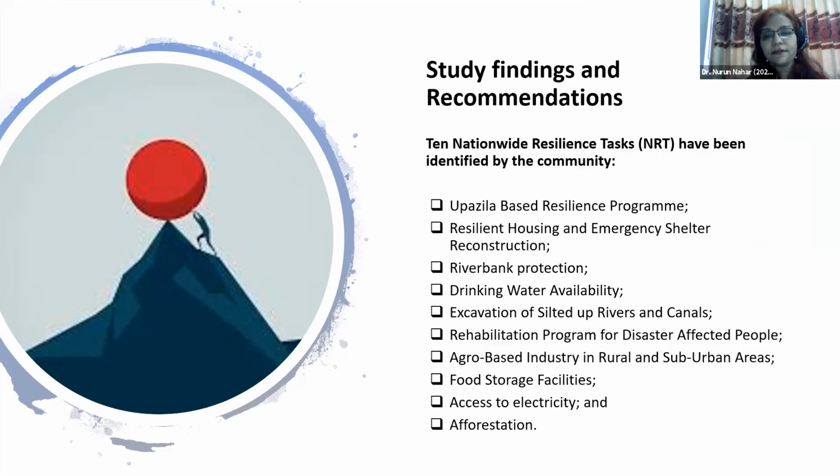Of course, actions are being taken by the concerned ministries, but we need to do more in these areas, such as Upazila-based resilience programs, resilient housing and shelters reconstruction, riverbank protection, drinking water availability, excavating silted-up river canals, a rehabilitation program for disaster-affected people, agro-based industry in rural and urban areas, food storage facilities, access to electricity, and afforestation.